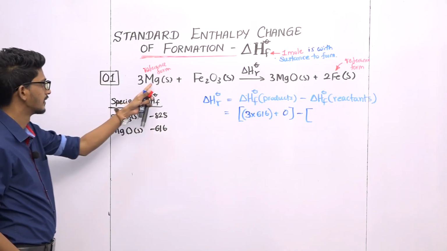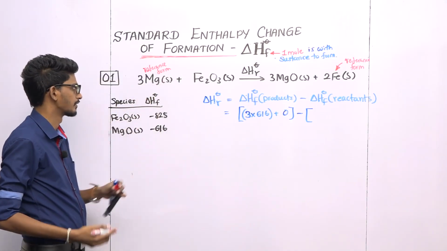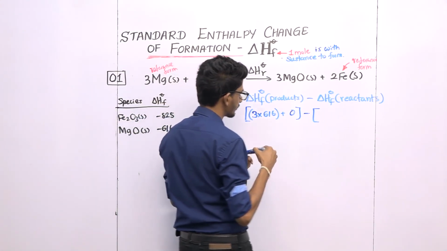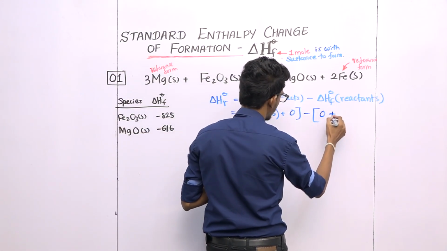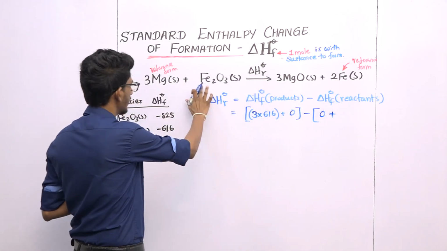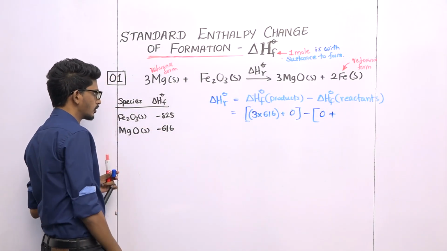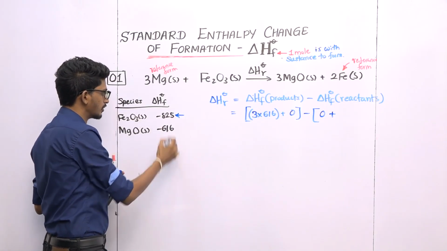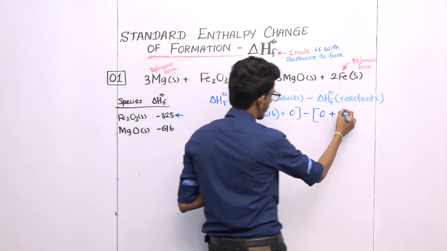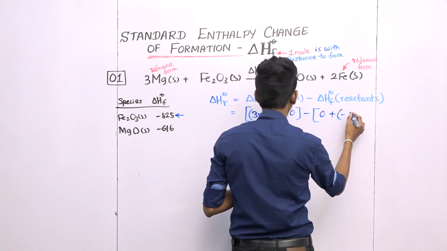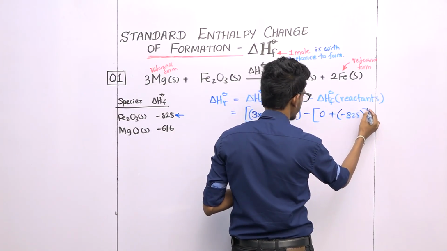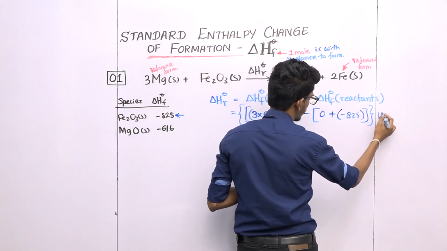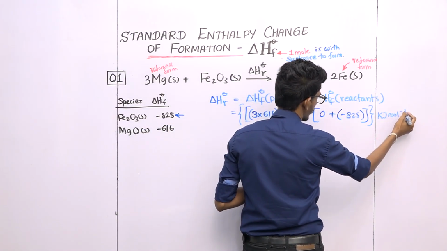Monoatomic metal solids are reference forms, so 3 into 0 is 0, plus you have 1 Fe2O3 appearing here. To form 1 mole of Fe2O3, the heat change is minus 825. With correct units, it should be mentioned in kilojoules per mole.